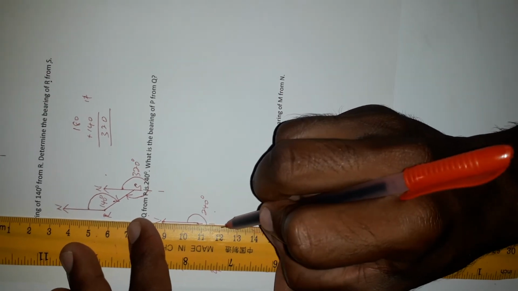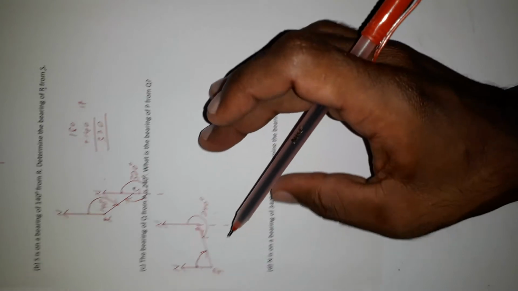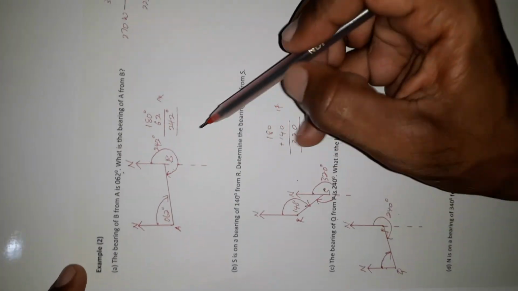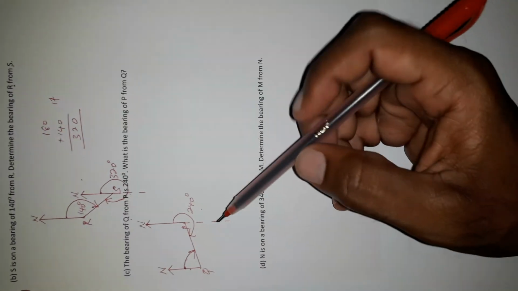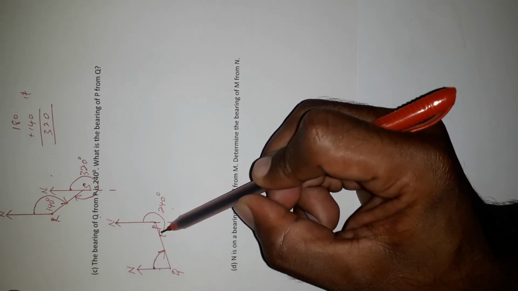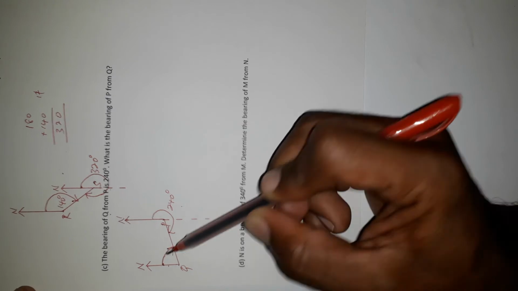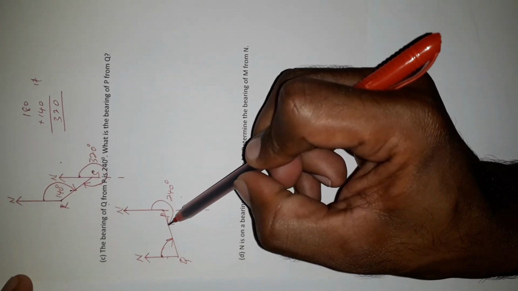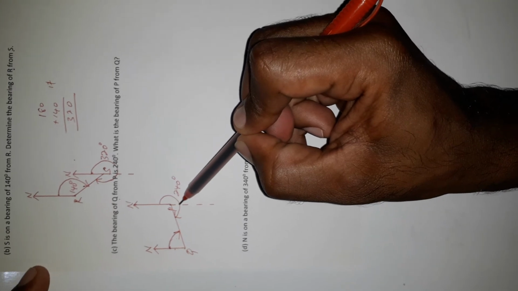I'll project this line. Good, so since I project this line, okay, let us look back at the first example. Remember I told you that this angle and this one at the bottom are equal, right? Good, so if I can figure out this angle here, this angle and this angle will be equal, and we know that this entire angle is 240 degrees, and from here to there is 180 degrees.